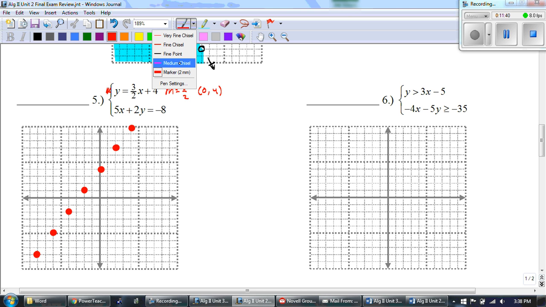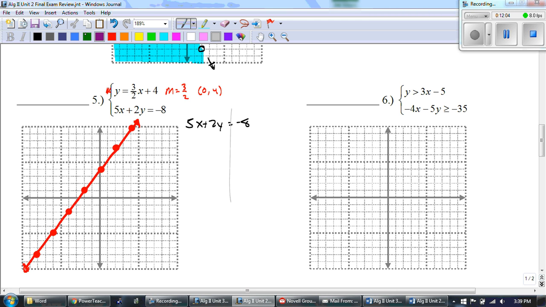Okay, those are both lines. There are no absolute value symbols, so there are no V's. You need to pay attention to what it's asking you to do. Okay, and now that other one, we have to solve it first. So we have 5x plus 2y equals -8.